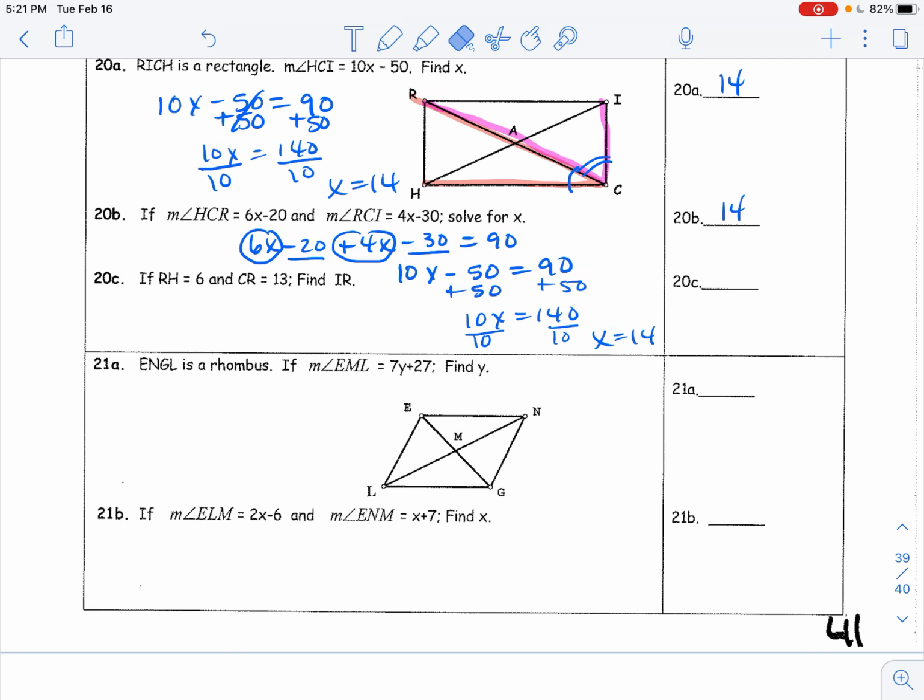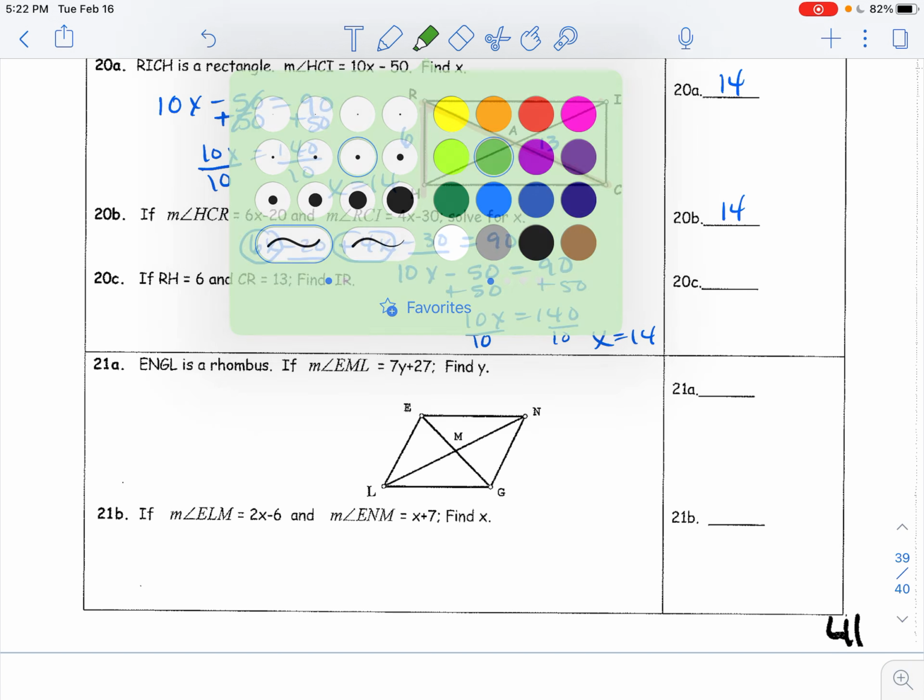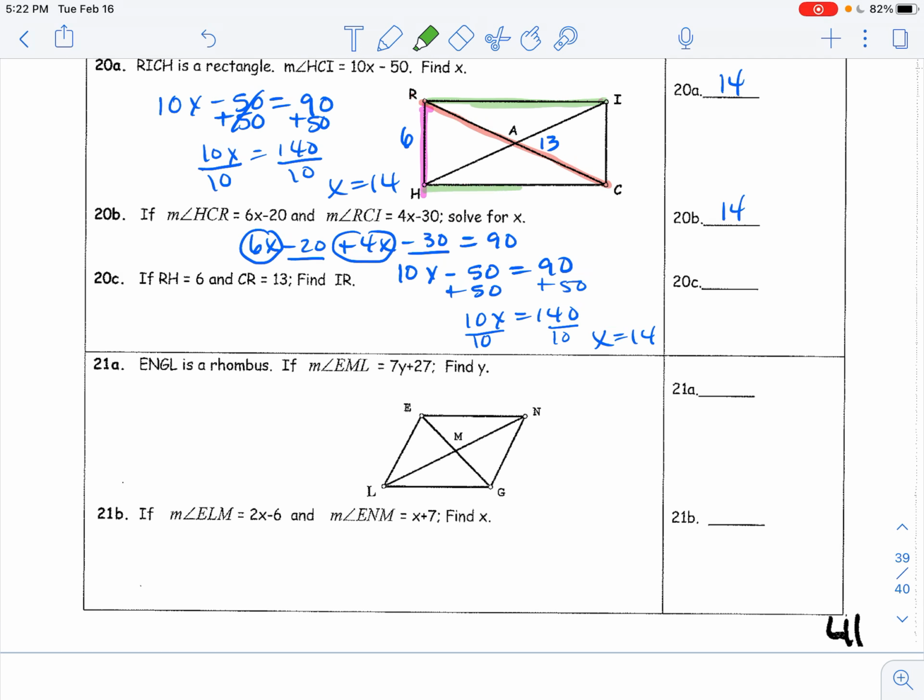X is 14. Number 20c, if RH, okay, let me clean this up. RH is 6, so this guy is 6. CR is 13, so C to R, this is 13. Find IR. Okay, so IR is congruent to this guy, right? And so I can just think of this as Pythagorean theorem, and then solve for x.